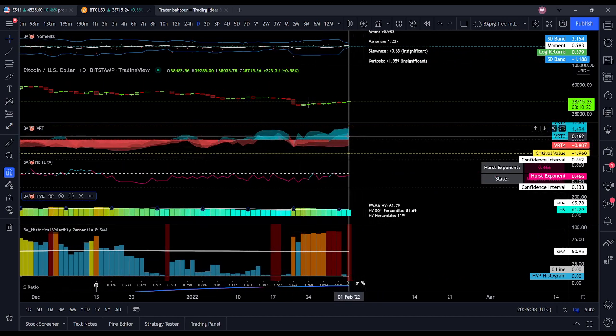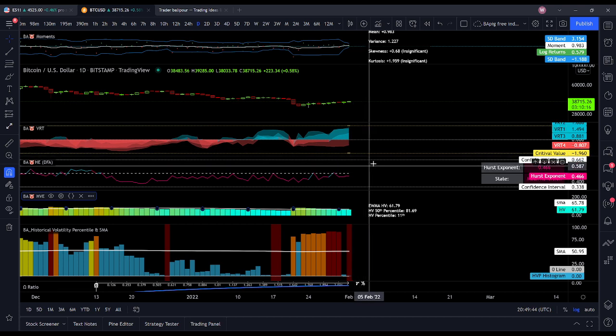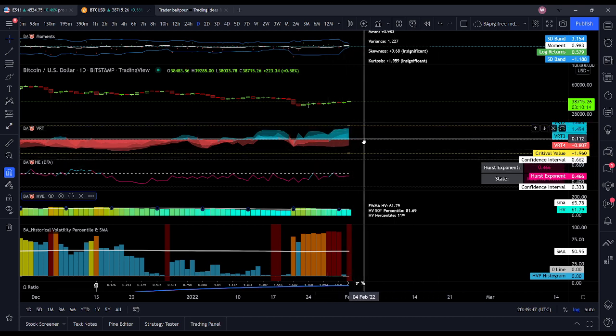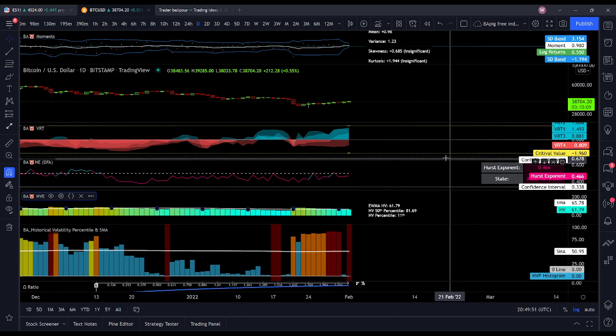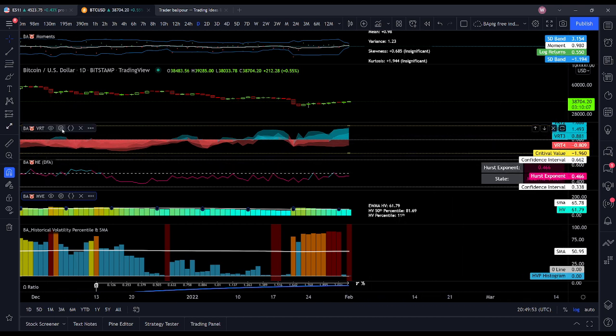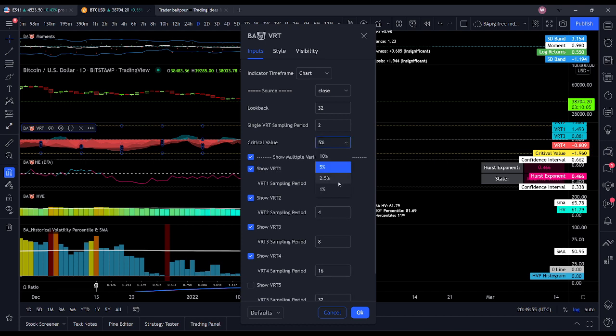So looking at the VRT here, you can see that we're going into a state of trend. Besides VRT4, we're actually even getting close to that critical value, saying that the market is actually outside of a random walk. What we can do is put that at 10%. So 1% would be 2.58.